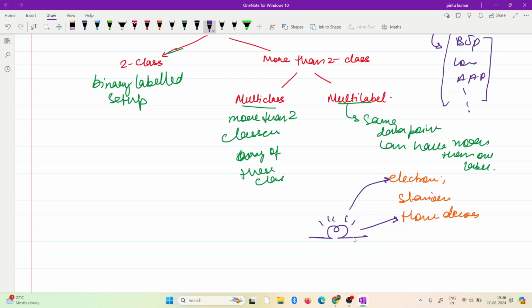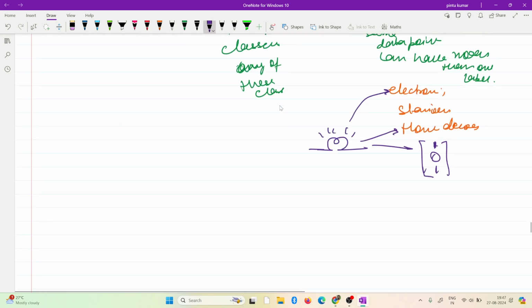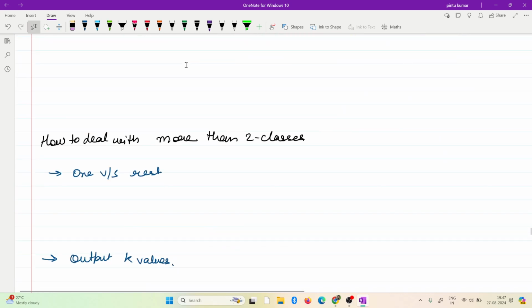This bulb should have both labels: electronic, not stationery, and home decor also. This kind of setup is called a multi-label setup, and the one in which you have only one label for every data point is called a multi-class setup. This is just for your information.